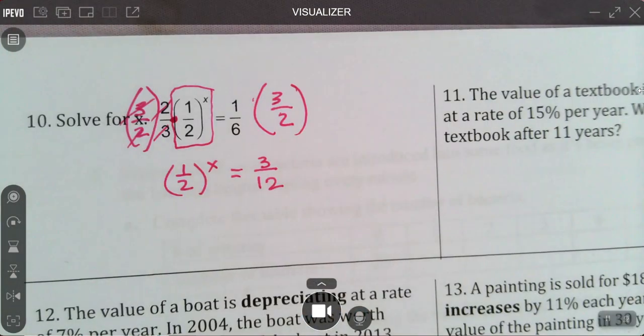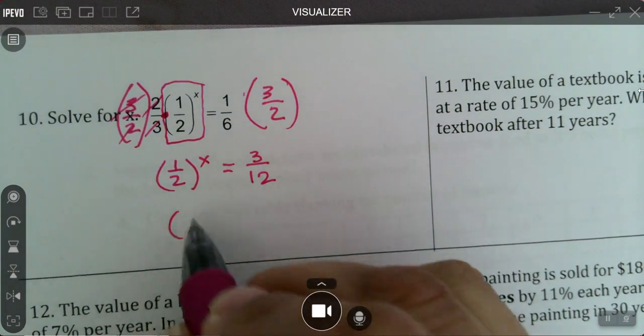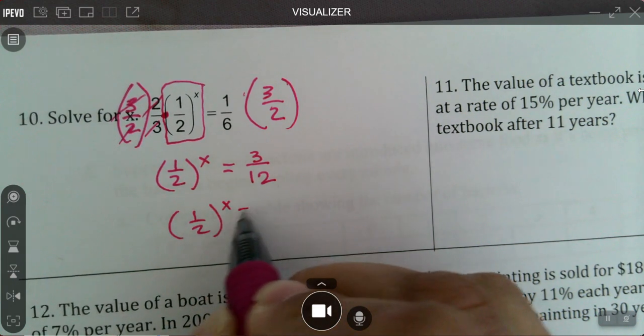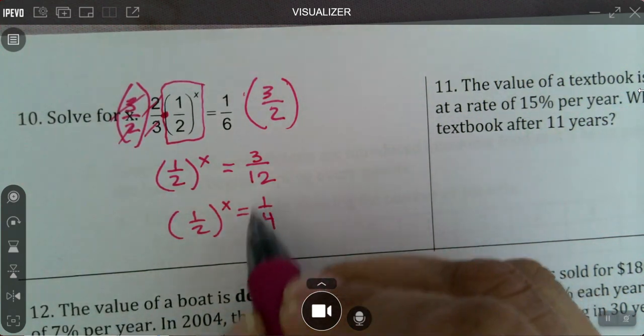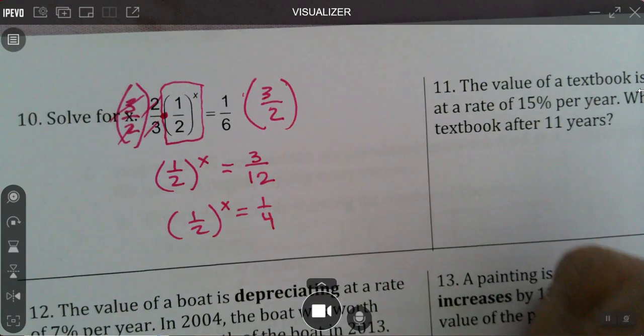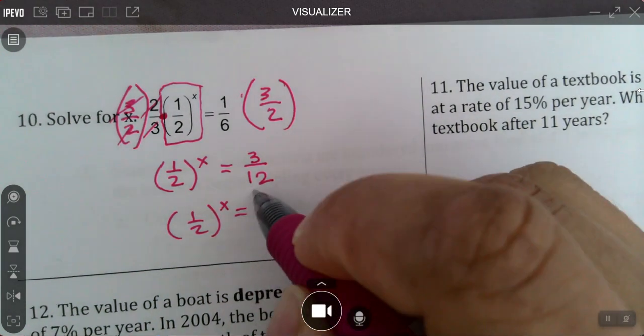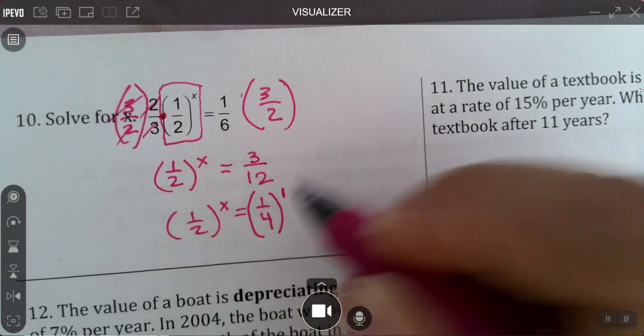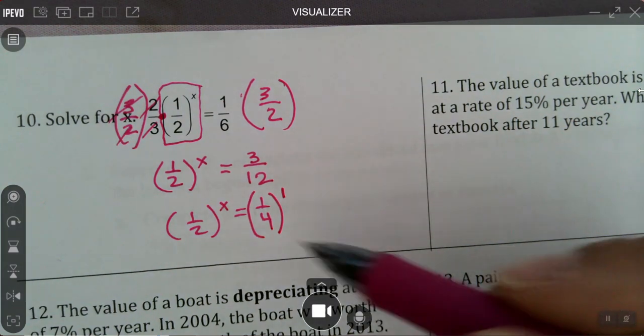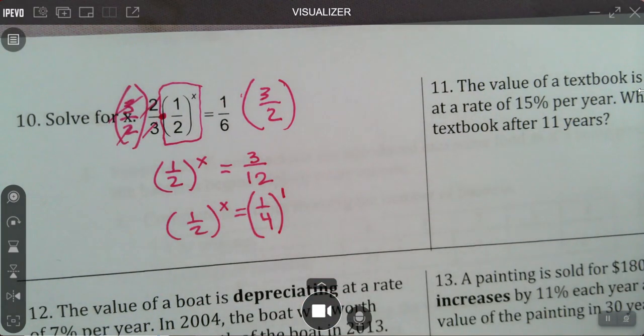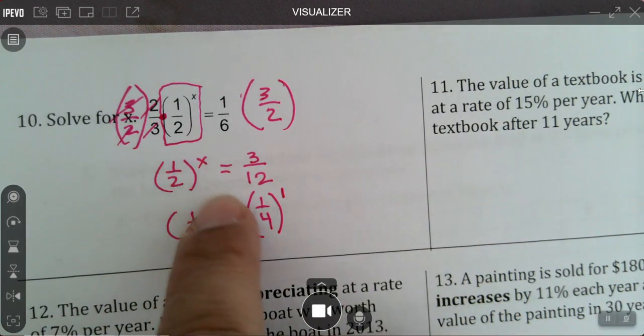All right, y'all see? So then, and this is raised to the 1. Clear? Are they the same? Can we say that x equals 1?